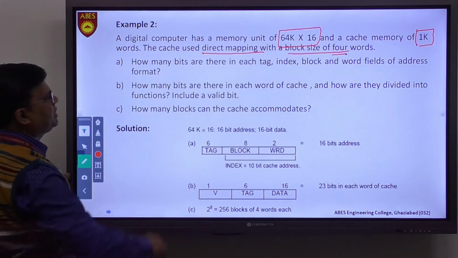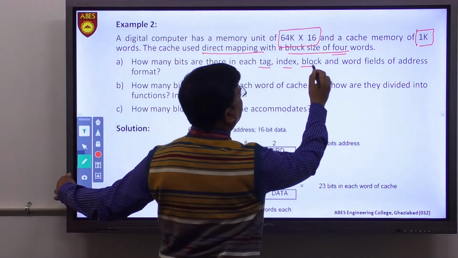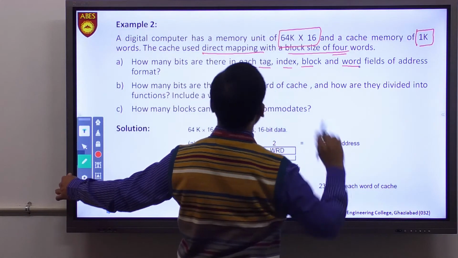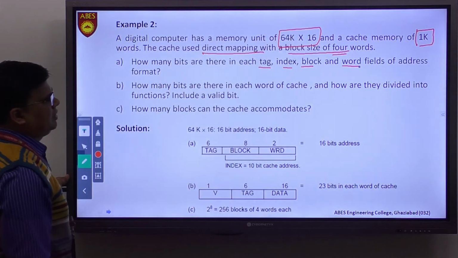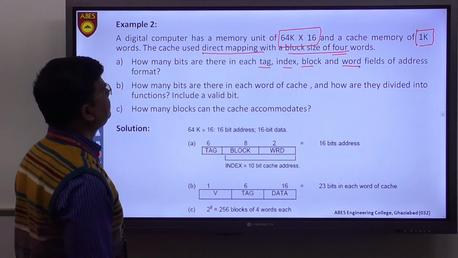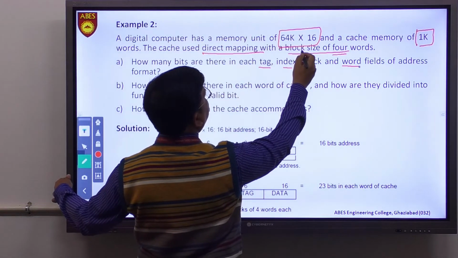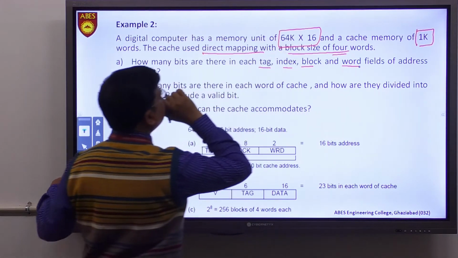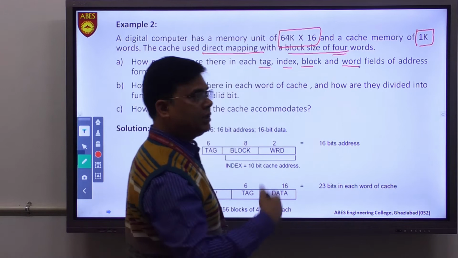Now what's the problem? How many bits are there in the tag, index, block and word fields of the address format? So we have to find this out. We have the main memory size of 64K words. Out of these 64K words, how many bits do we need to address the main memory?